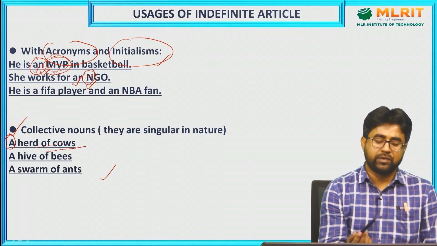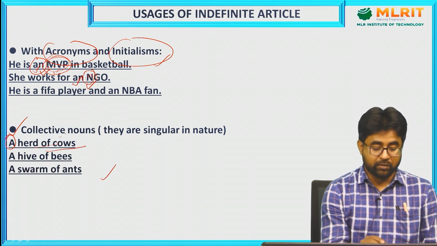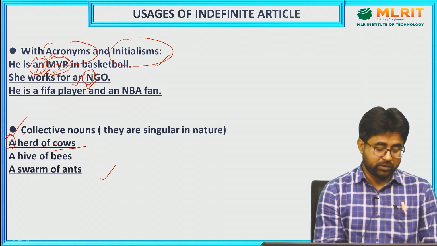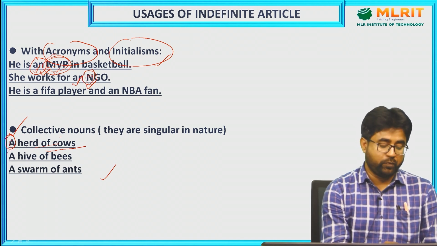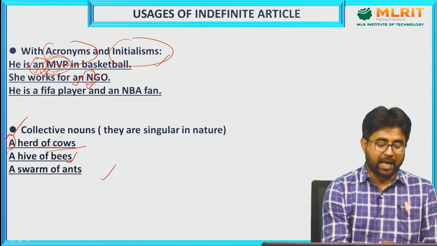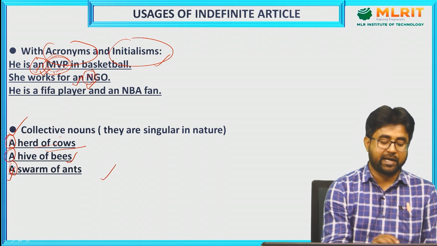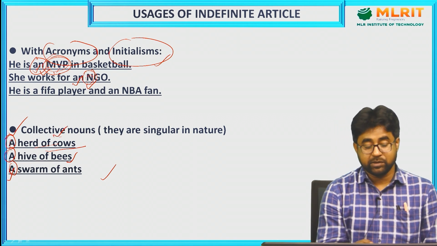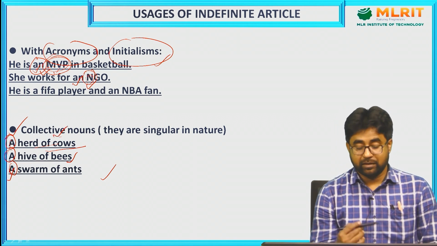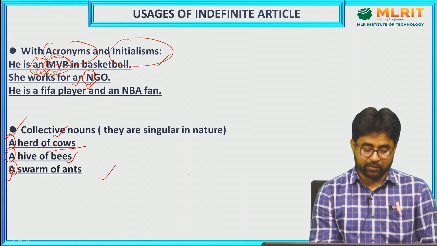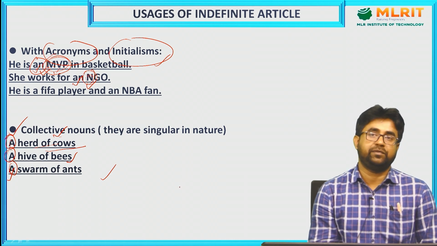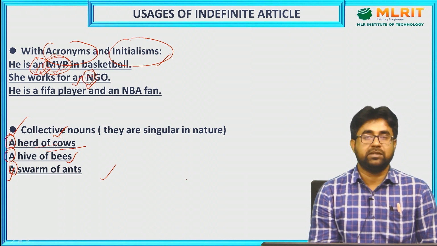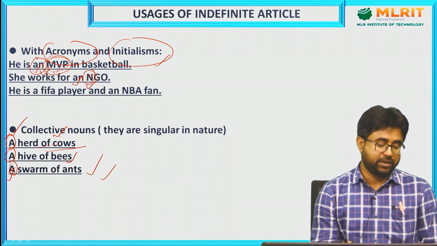A herd of cows is a countable collective noun. We have to say a hive of bees, a swarm of ants. I am using the indefinite article here before a countable noun because collective nouns are by default singular. We know that we should use the indefinite article before a countable singular noun. So that is the rule here.